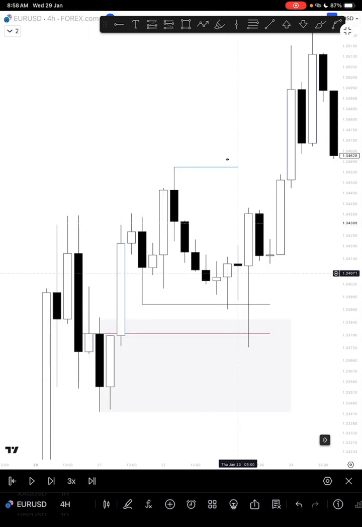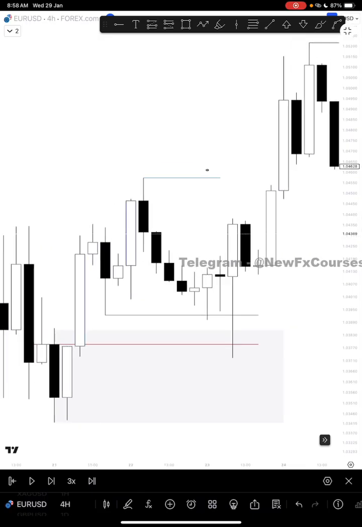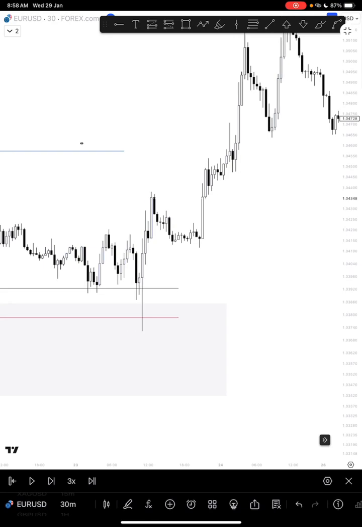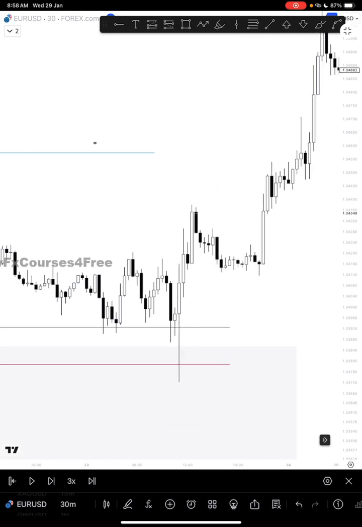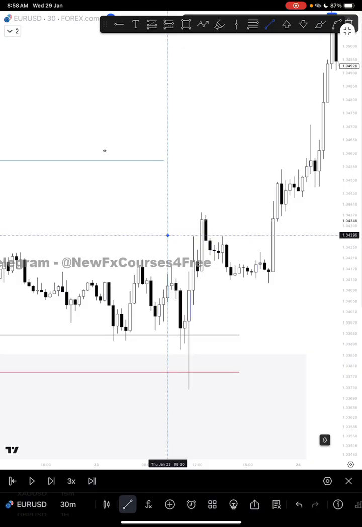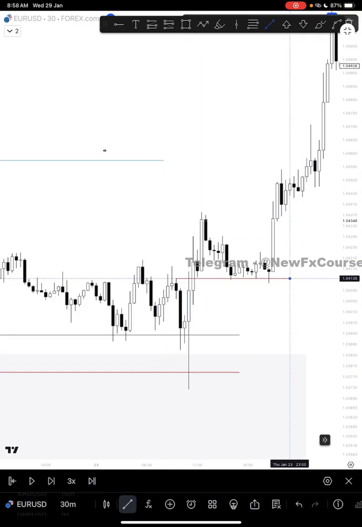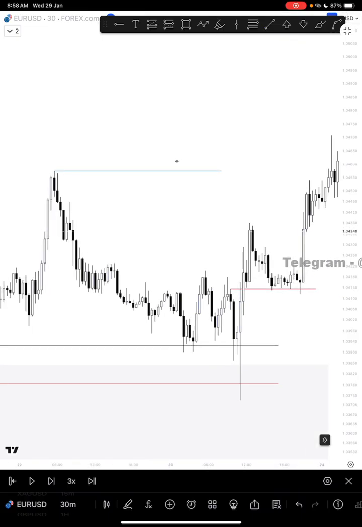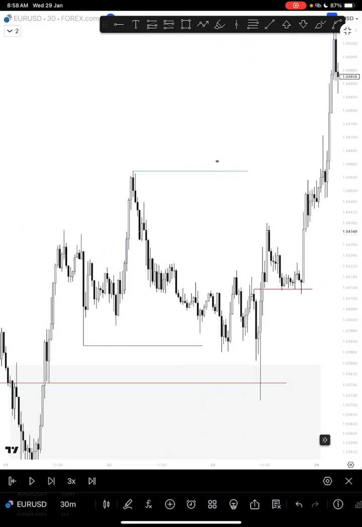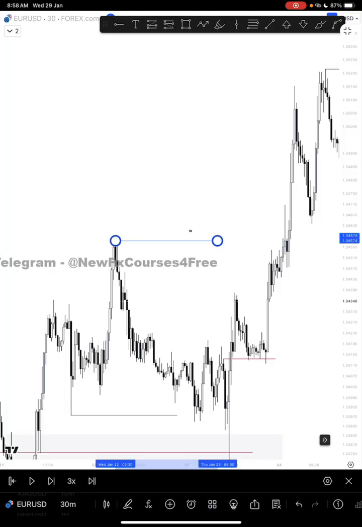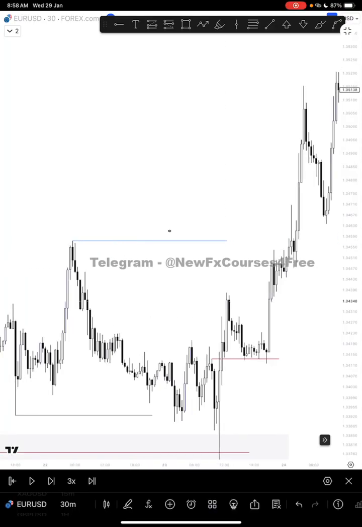And you can see how beautifully price reacted from the midpoint of this rejection block, and it actually gave a lower time frame entry opportunity here. And price moved higher with this move into our counter range high.